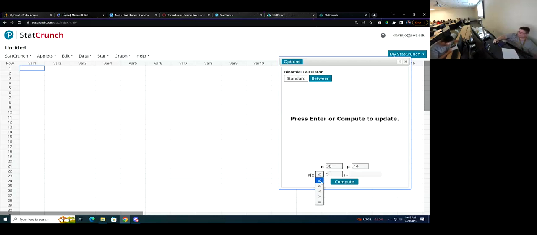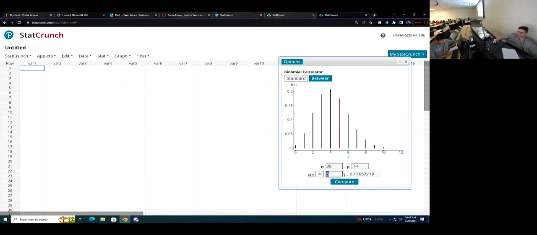Notice there's a drop-down menu right here. They've got less than or equal to at the top, greater than or equal to, less than, greater than, and flat out equal. So you're gonna have to pick the right sign along with the right value here, 5. They show the labels, and this column right here is red and the rest of them are black.